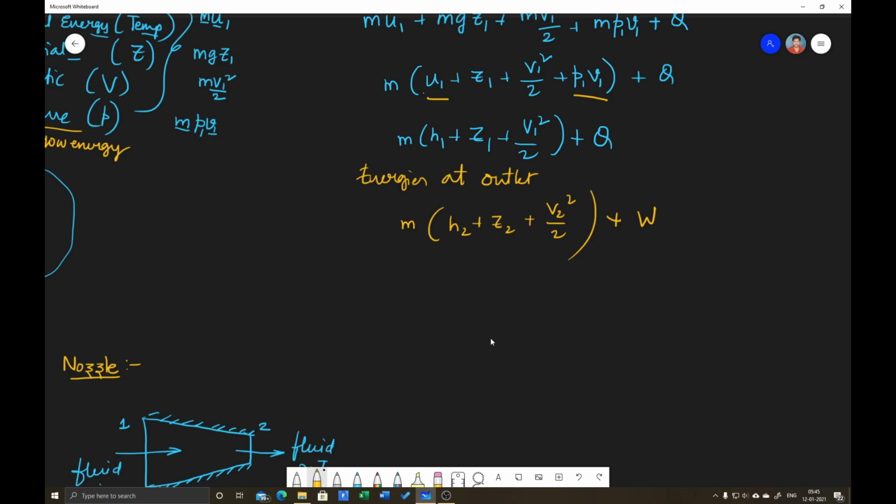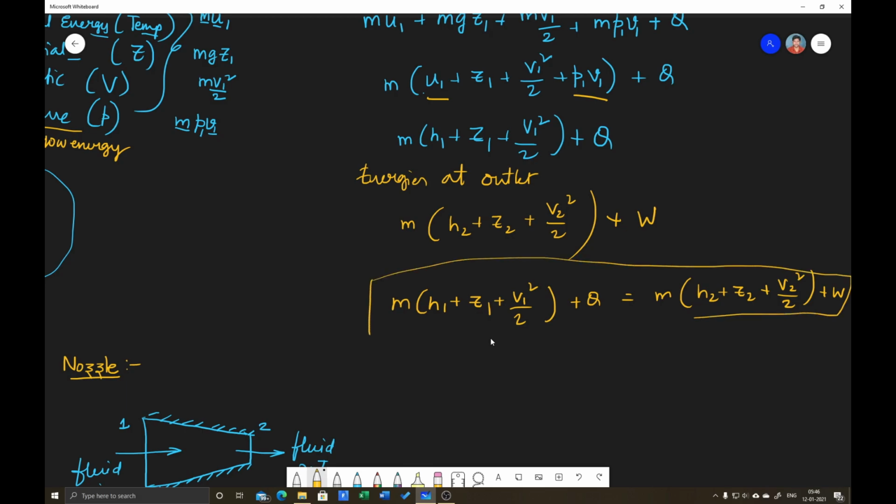Okay. So by equating these two, we will get m into h1 plus z1 plus v1 square by 2 plus q is equal to m into h2 plus z2 plus v2 square by 2 plus W. This is known as the steady flow energy equation.